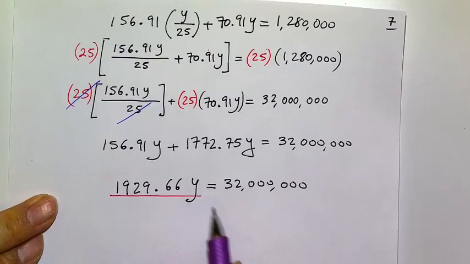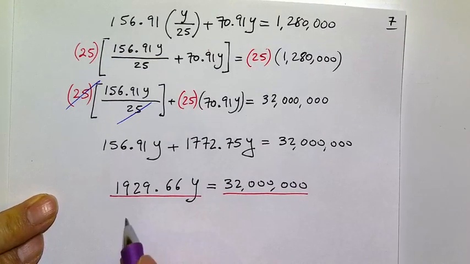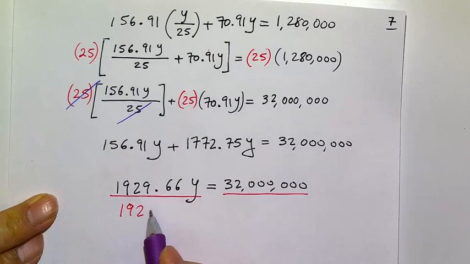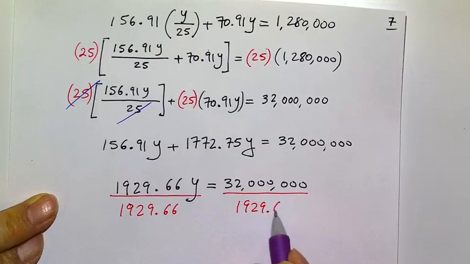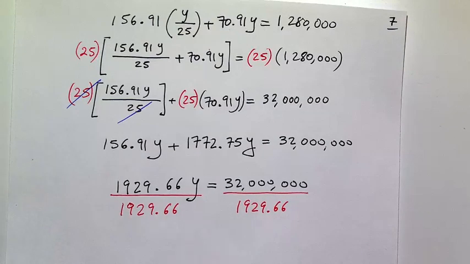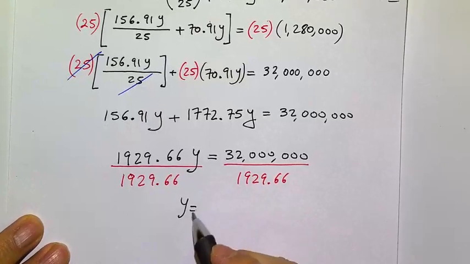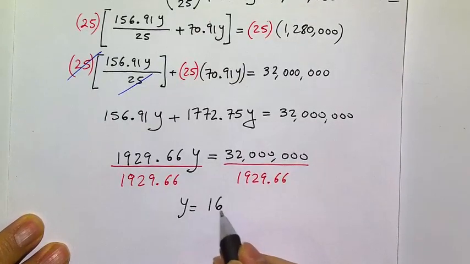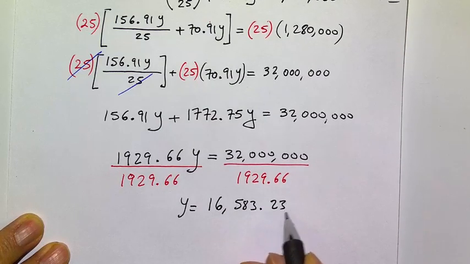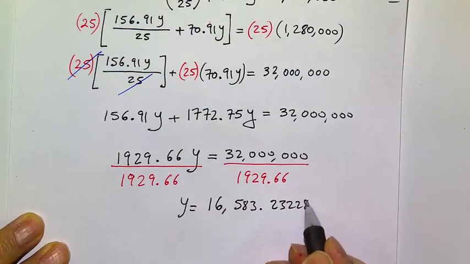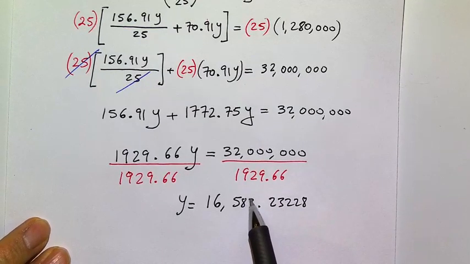We divide both sides by this number to get this Y by itself. All right, so Y is equal to 16,583.23228. They said to round this to the nearest whole number.